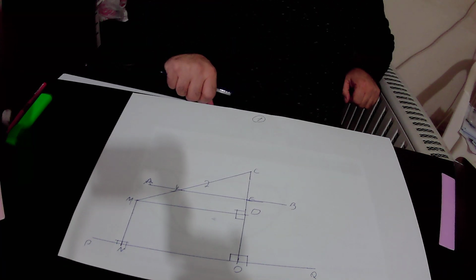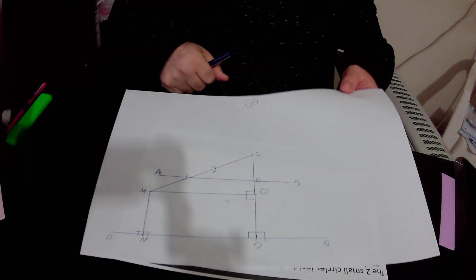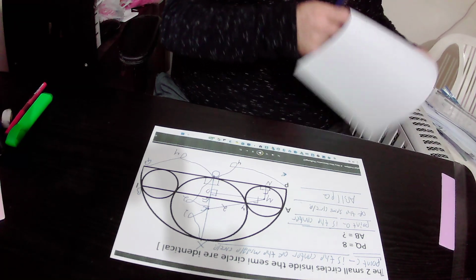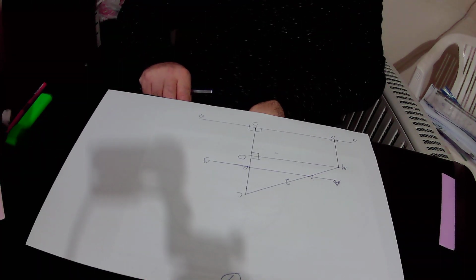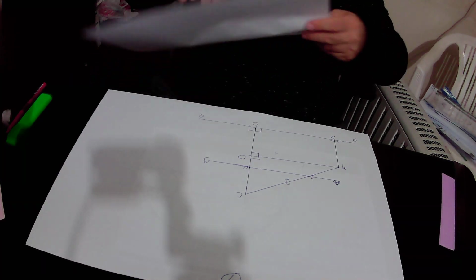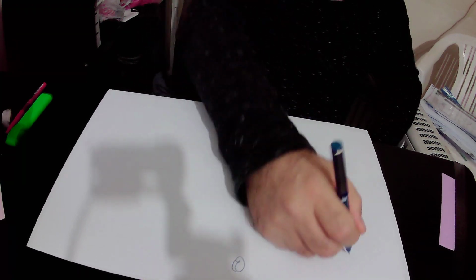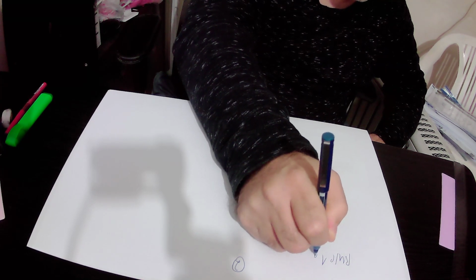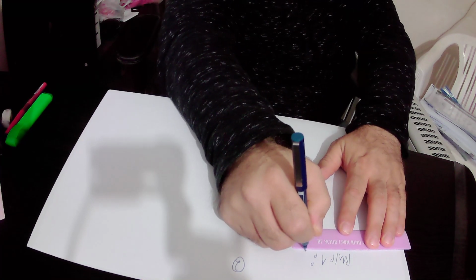According to rule number one, corresponding angles between parallel lines are equal to each other.